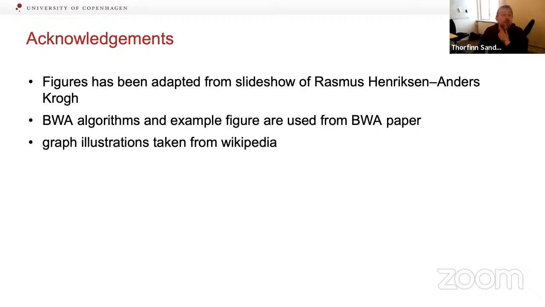Okay, so I think that was the conclusion of the first part about how state-of-the-art mapping algorithms work in the context of high throughput sequencing data. Is there any question regarding this? Otherwise, we should move directly to Lei. So I'll stop sharing and then I'll see if there are any questions in the chat.